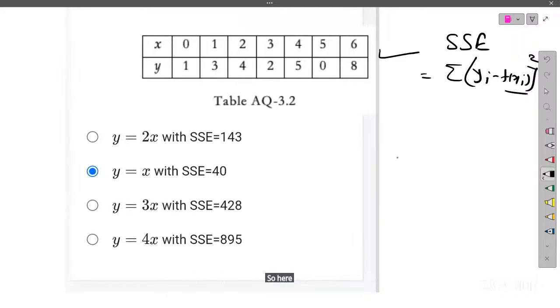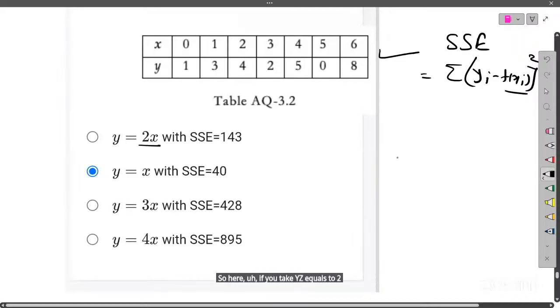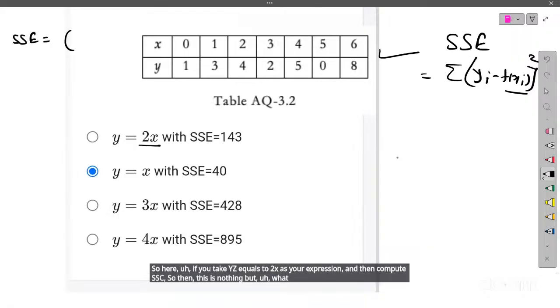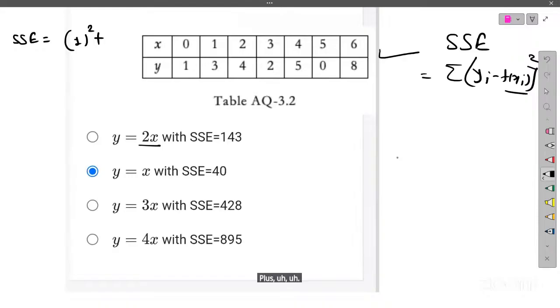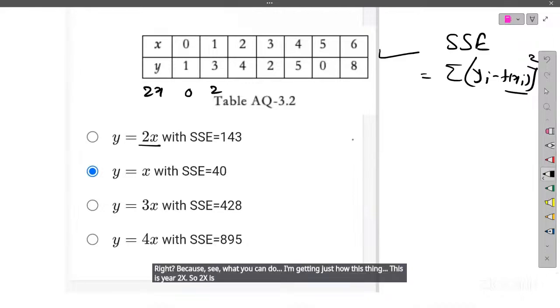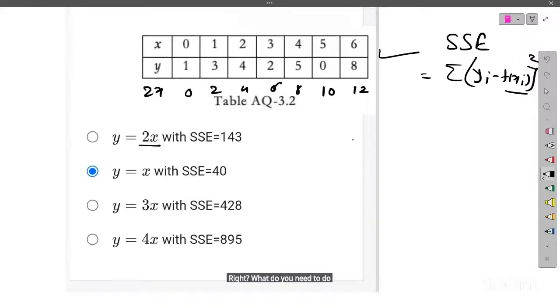So here, if you take y equals 2x as your expression and then compute SSE, what is the value? 1 minus 0, right? Because 2 multiplied by 0 is 0. So here we will get 1 square, plus 3 minus 2 will again be 1 square. Here 2x is 0, 2, 4, 6, 8, 10, and 12. What you need to do is take the differences of the numbers and find their square.